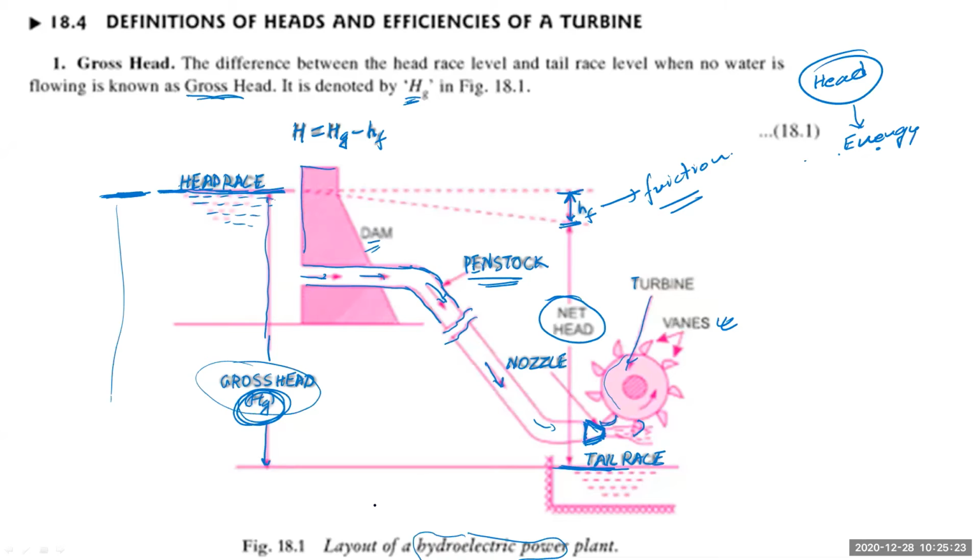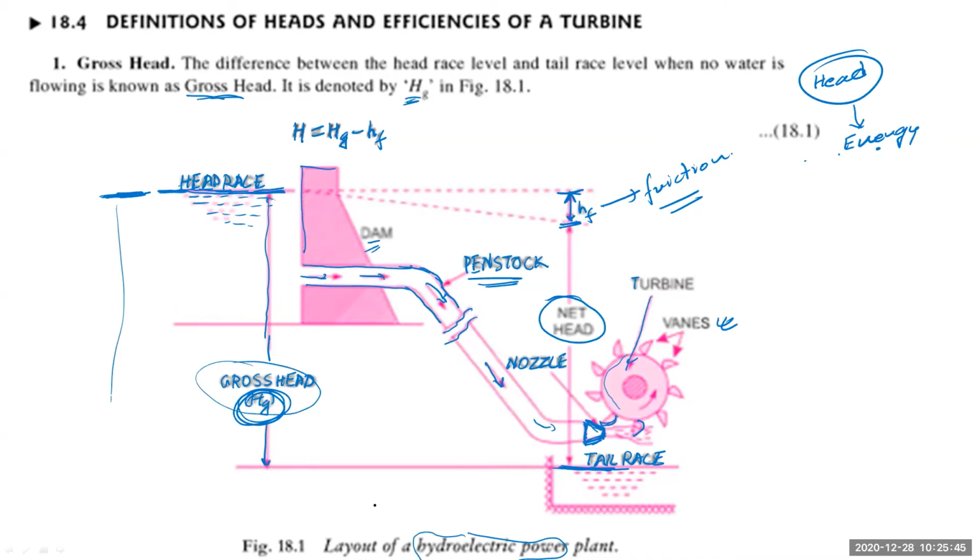Sir, is it only energy or energy per unit weight? Energy in terms of column of your water level. Normally whatever we calculate, if you see atmospheric pressure, we take it as 760 mm of Hg. So head, if you see the unit, is in meters.